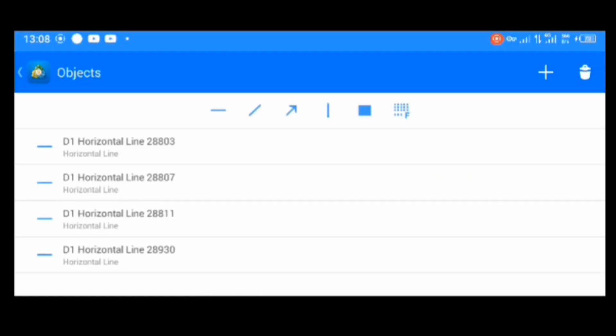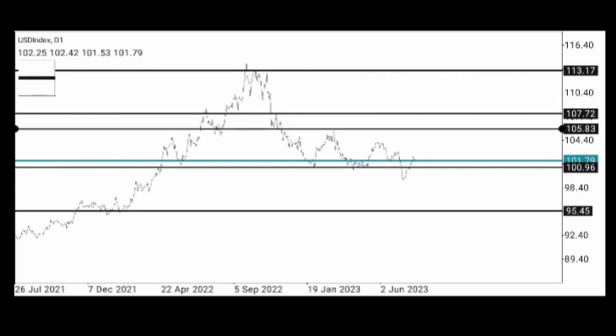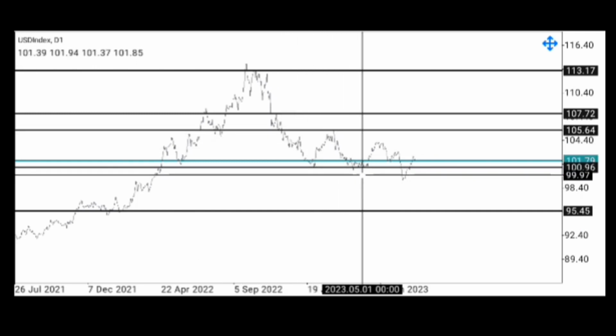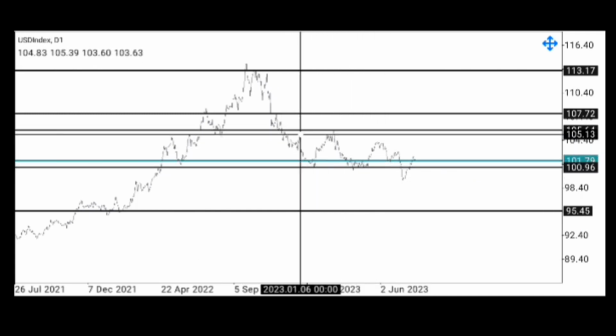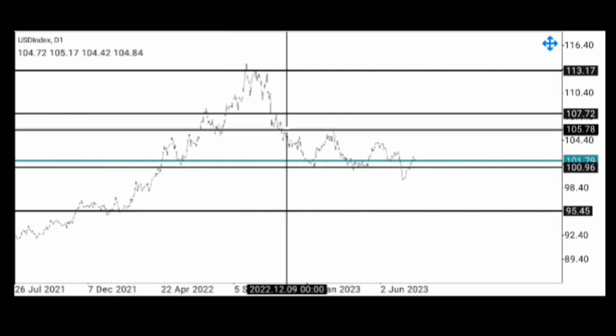I might also want to mark this point out because we had some major bounces there, and actually the market fell from this point all the way there. So it was basically some form of resistance. We are basically trying to find support and resistance levels.